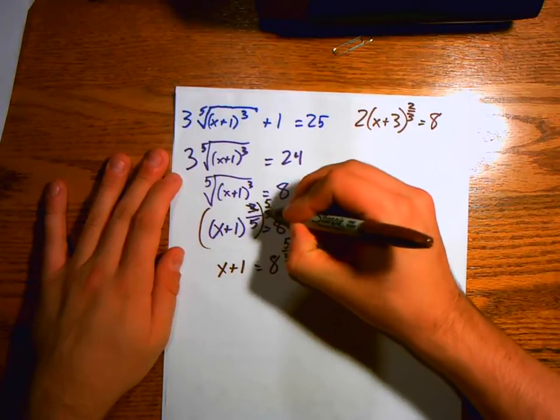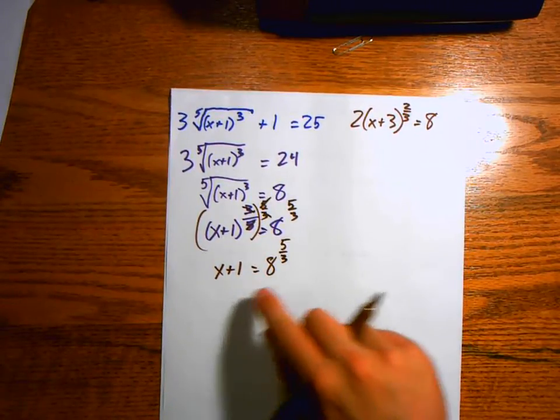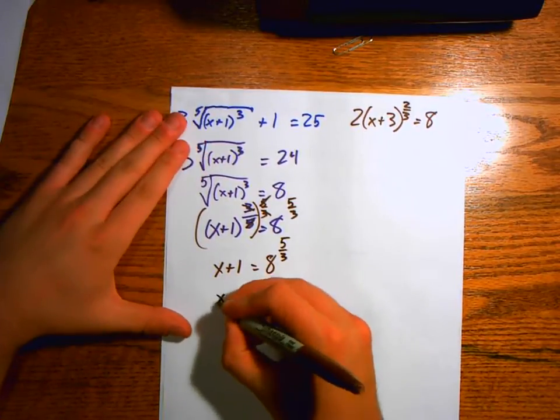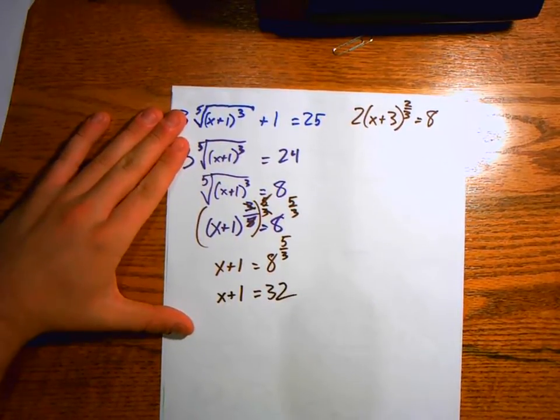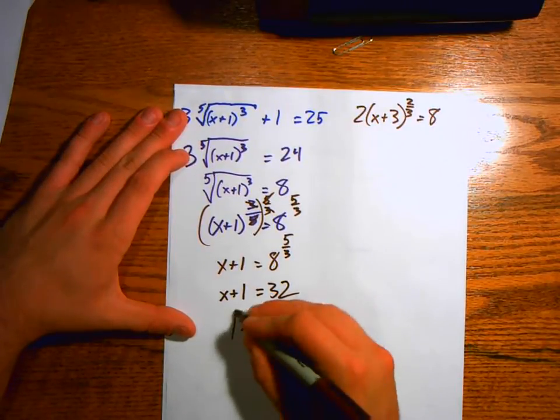The 3s cancel out, and the 5s cancel out when you multiply them together. So we have x plus 1 is equal to 8 raised to the 5/3. And 8 raised to the 5/3 is equal to 32 if you use your calculator to solve that. Then here, a one-step problem, subtract 1 on both sides, and you get x equals 31.